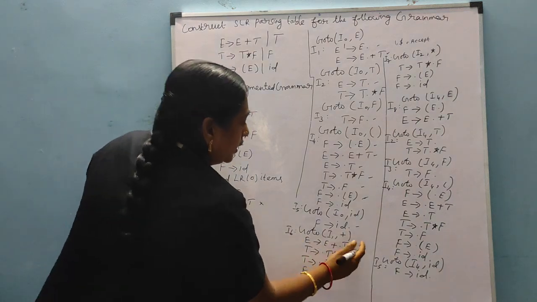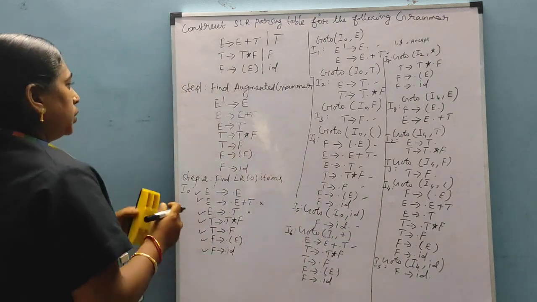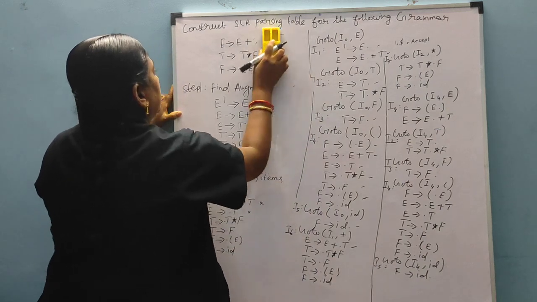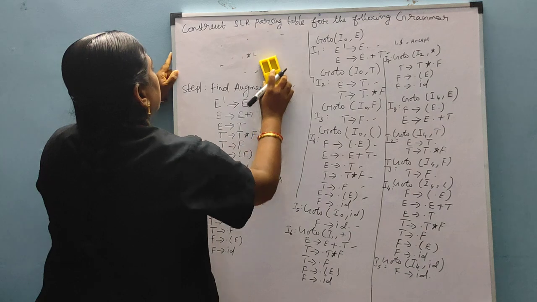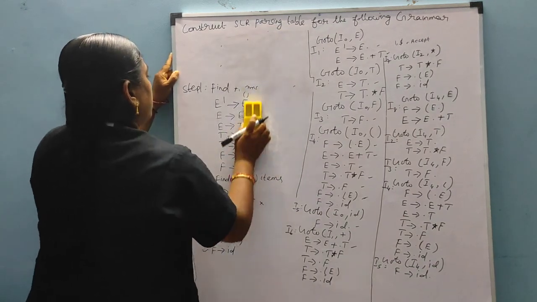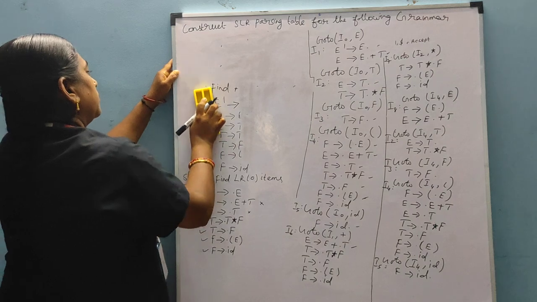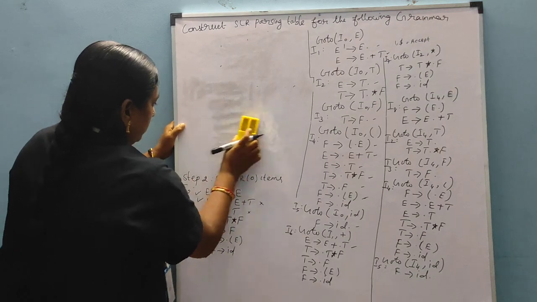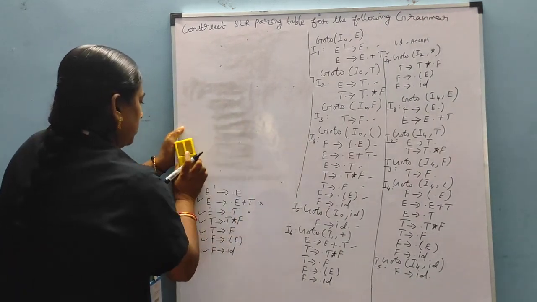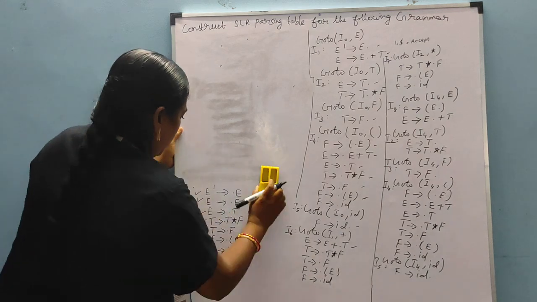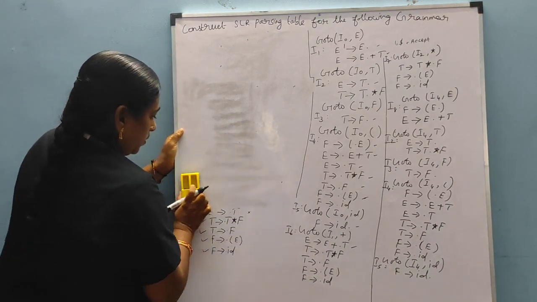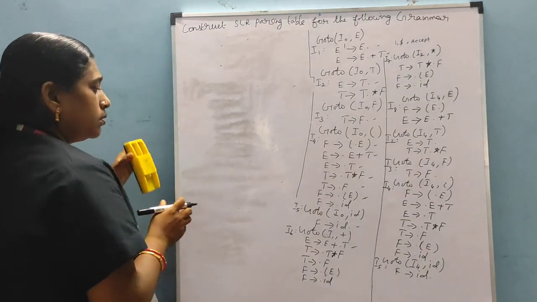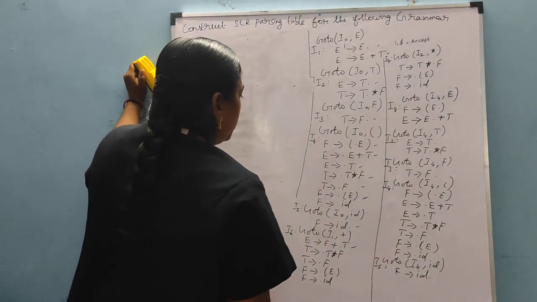I6 state, comma, non-terminal T. Completed up to I4 comma ID.